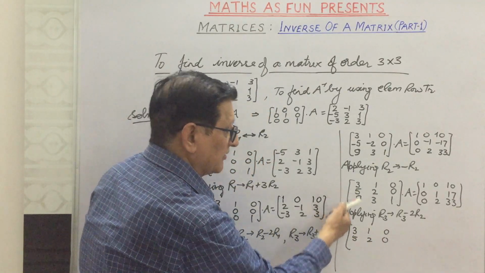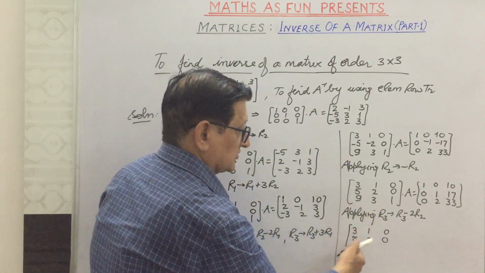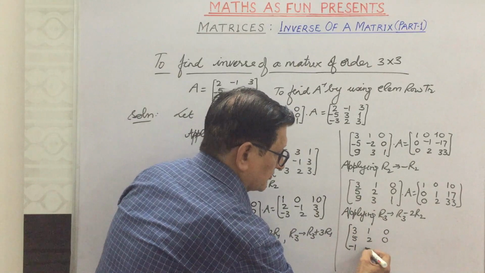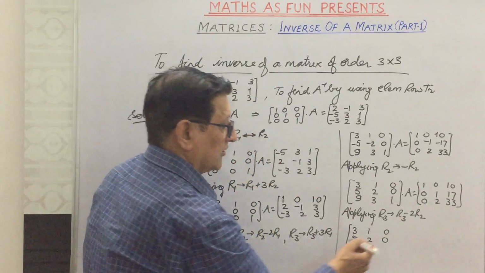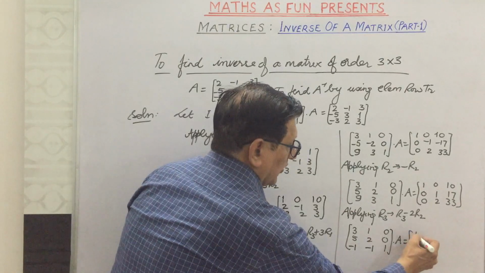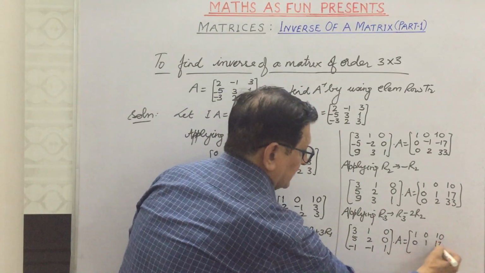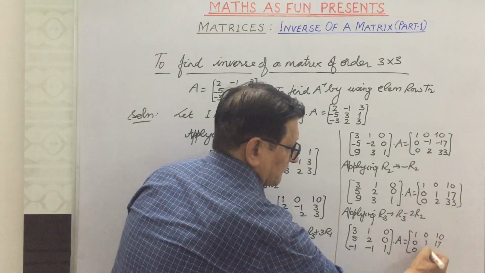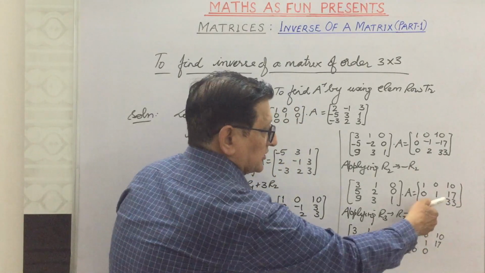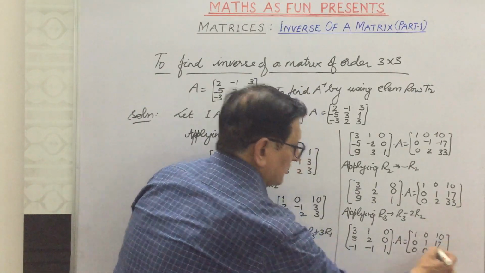Twice of this, 9 minus 10 is minus 1. 3 minus 4 is minus 1. And this is 1 into A equal to 1, 0, 10, 0, 1, 17, 0. Twice 2 minus 2 is 0. 33 minus 34, that is minus 1.